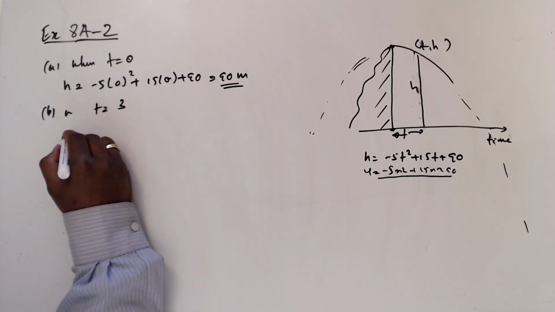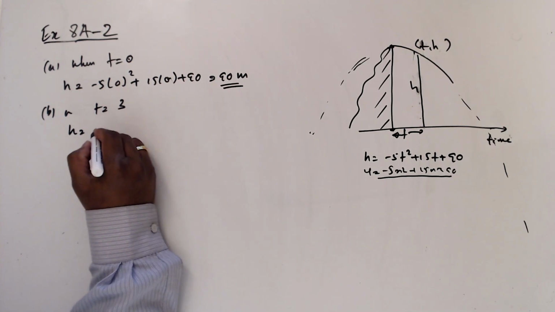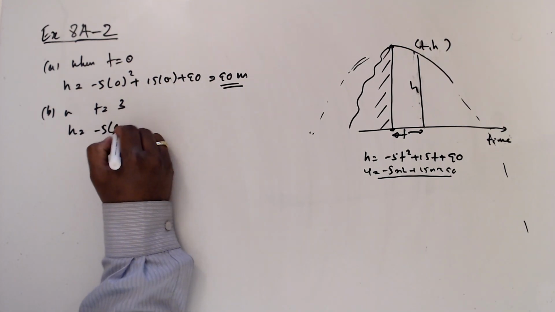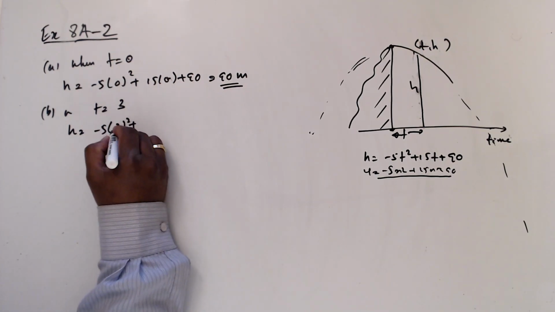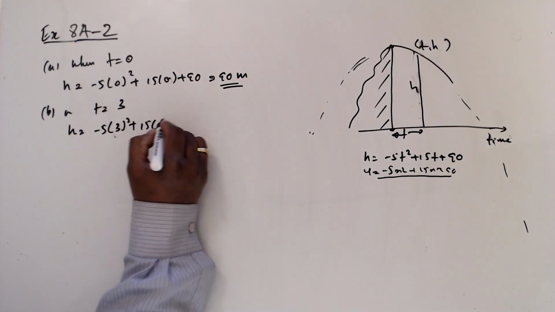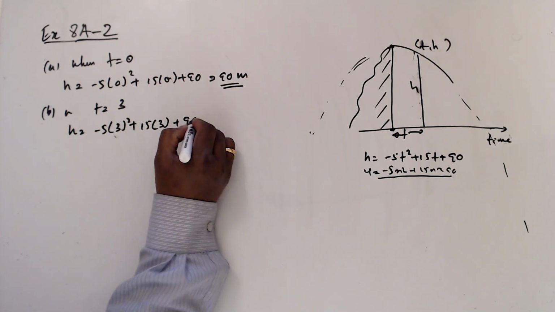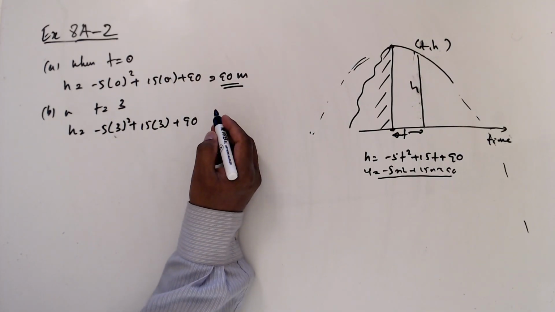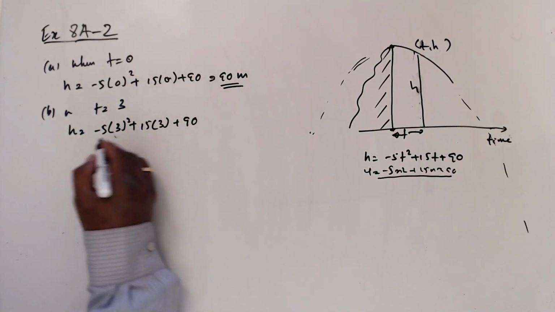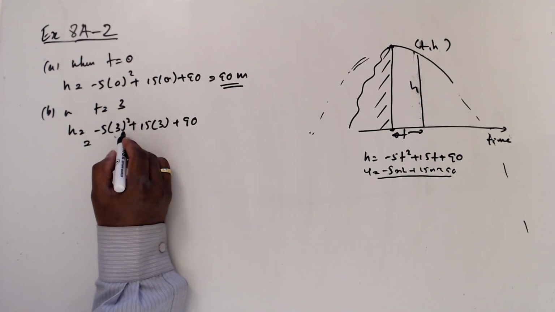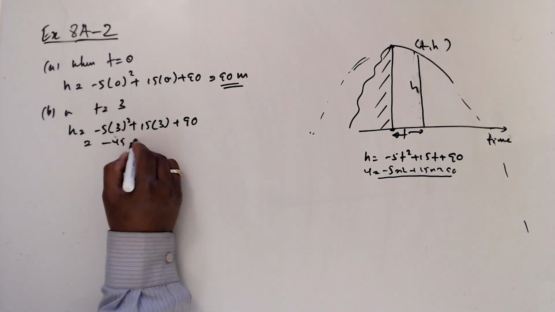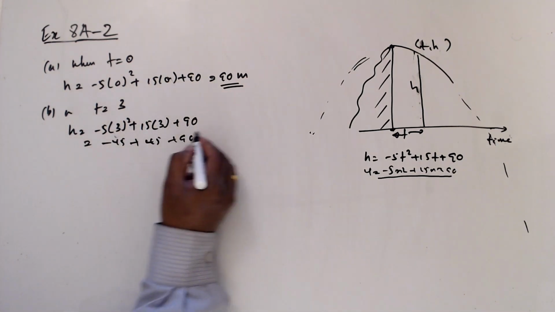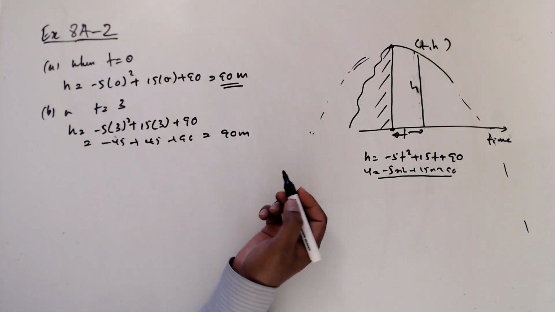So that height is minus 5 times 3 squared plus 15 times 3 plus 90. So this is going to be minus 45 plus 45 plus 90, and 90 meters again.